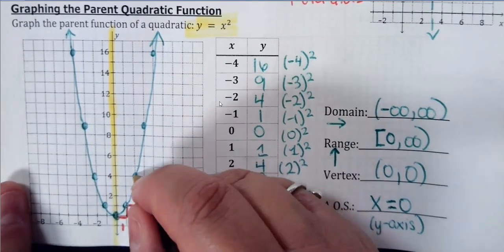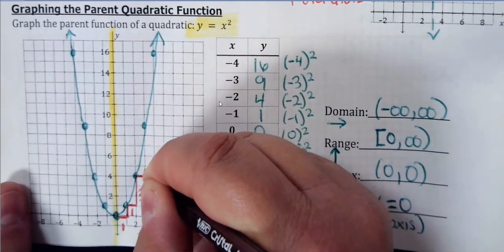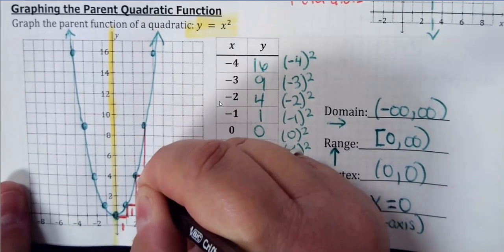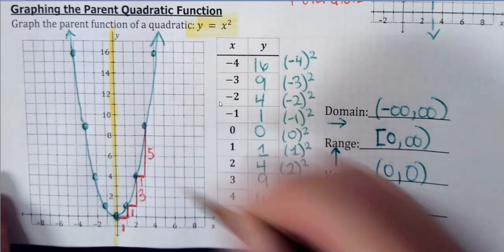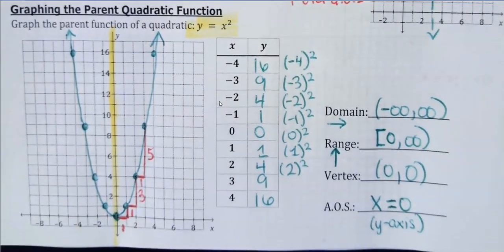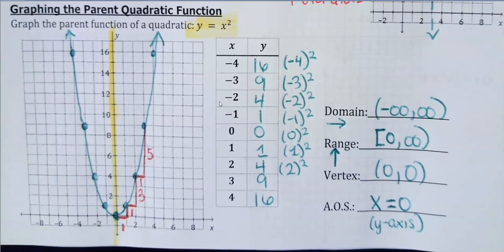From that point, I went over 1 again, just over 1 every time, and then I went up 5. Now, without counting it, if I go between the next 2 points, I'm going to go over 1. How far am I going to go up? 7. Can you guys see the pattern?